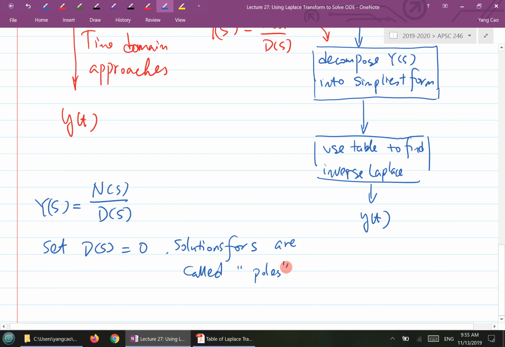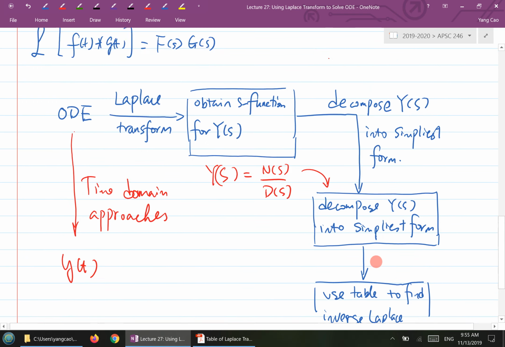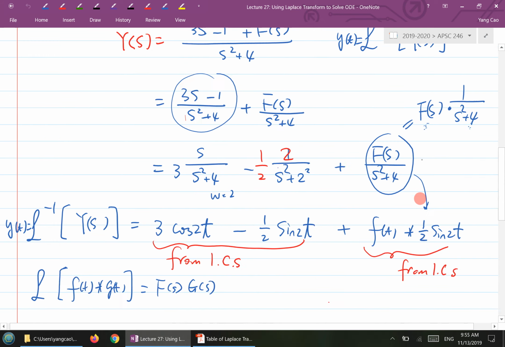As you're going to see, the D of s is basically the characteristic equation of the system. In the previous example, D of s was s squared plus 4. It's like lambda squared plus 4, remember that characteristic equation? We just change the lambda to s.